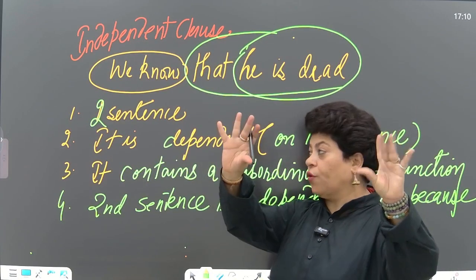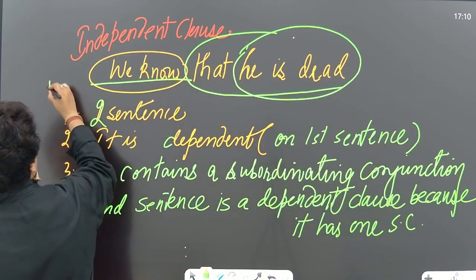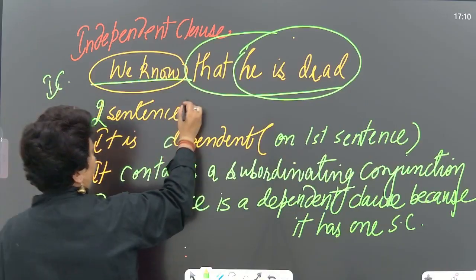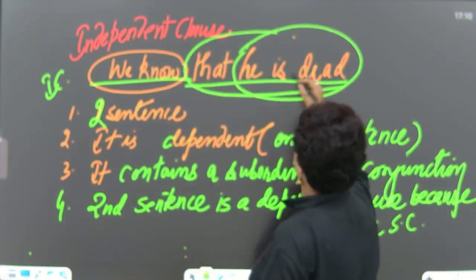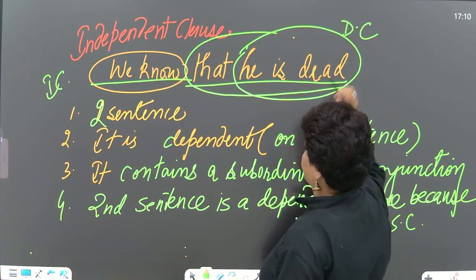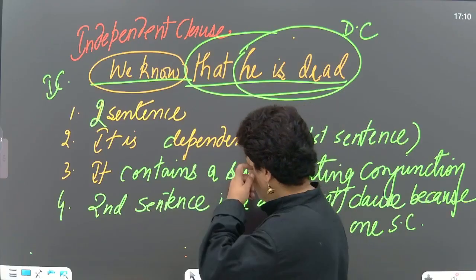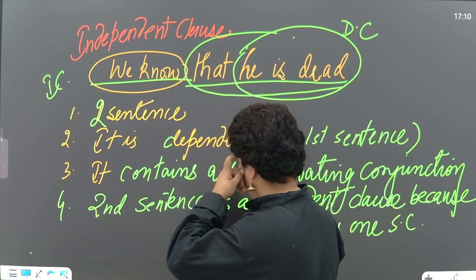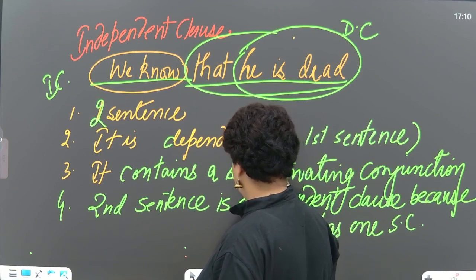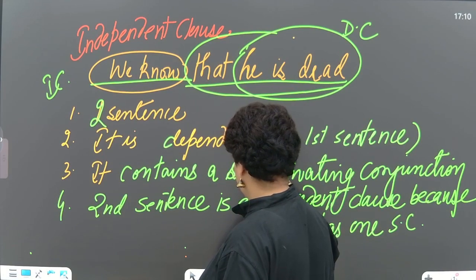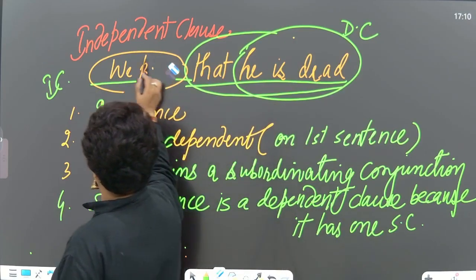So we have short forms. We know the independent clause, so we say IC. That he is dead is the dependent clause, hence we call it DC, dependent clause, right? Now coming to the other part of the picture, so hence we clean the complete thing.